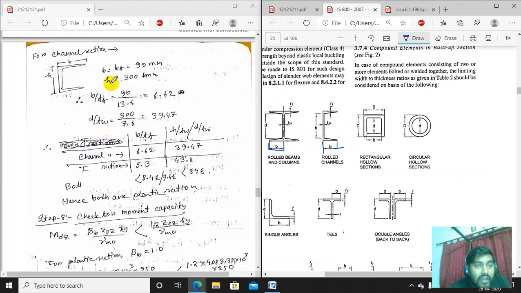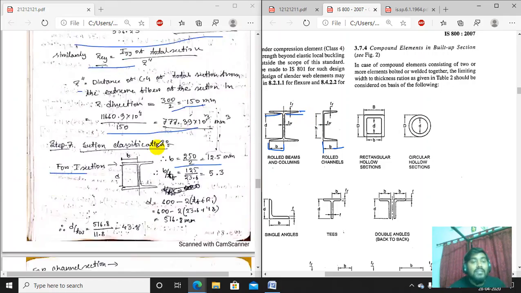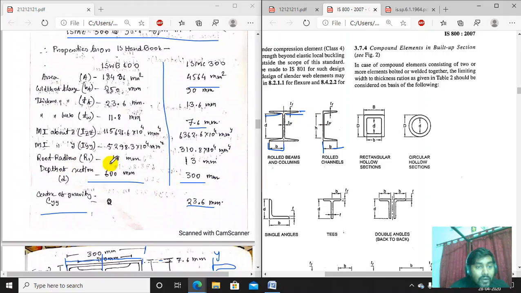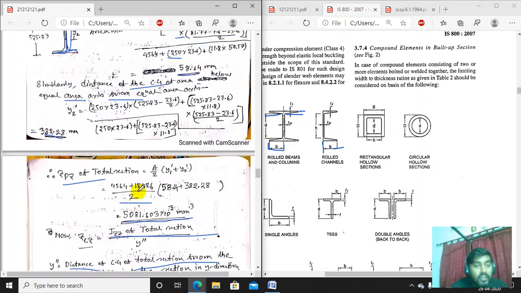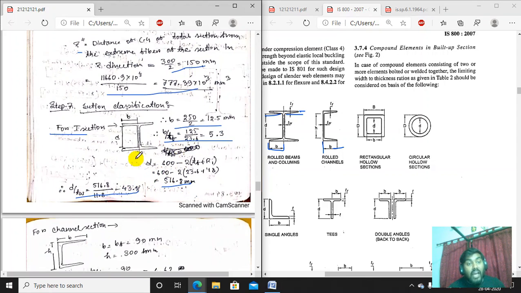So putting all the values, for the I section, B is equal to 250 by 2 T, and D is equal to, D means from here to here. So from here to here you have to minus the thickness of the flange and the root radius. The root radius we have determined here, that is for channel R1 18 mm. So putting the value here, we are getting 516.8 D. So D by TW we are getting 43.8 and B by TF 5.3 for the I section.